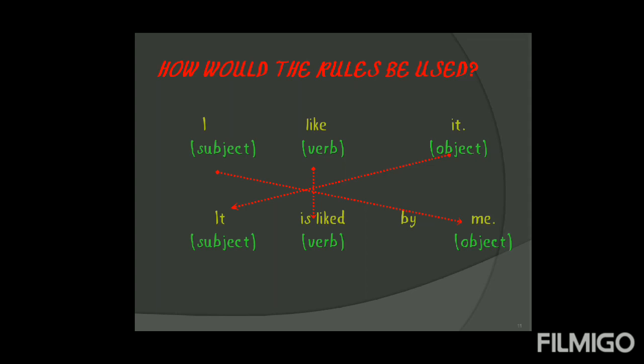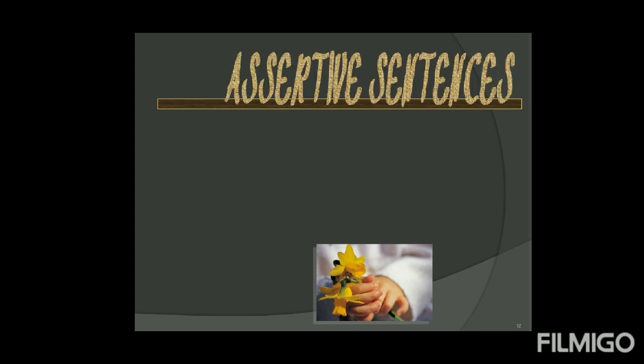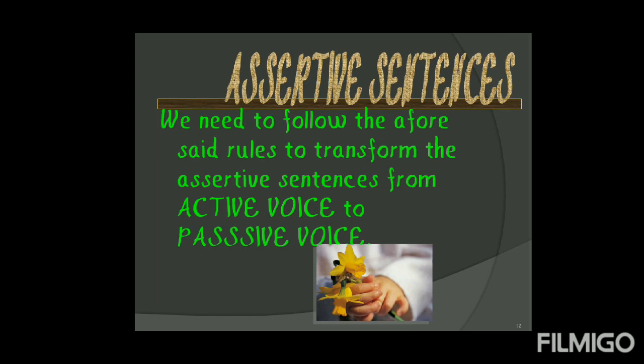And here you must remember one very particular fact, that you'd get several sets of rules. Why? Because for each and every type of sentence you'd get some set of rules. These rules, which we have already discussed, are about assertive sentences. So these are the rules for changing assertive sentences into active or passive voice.